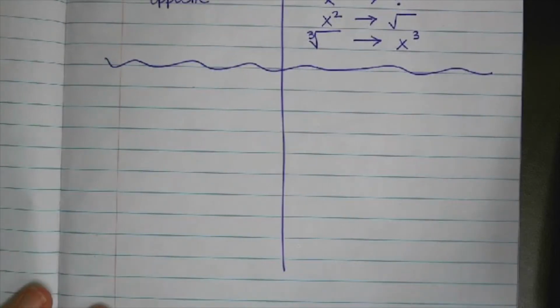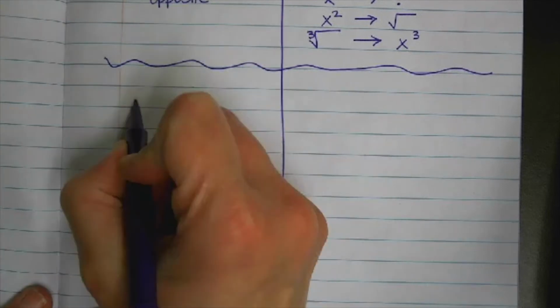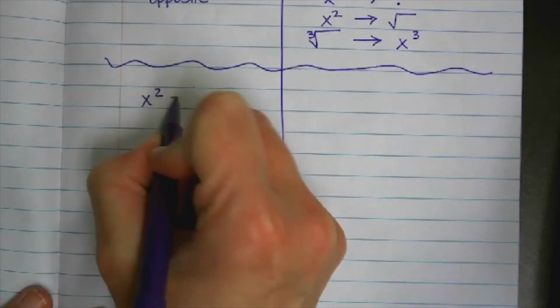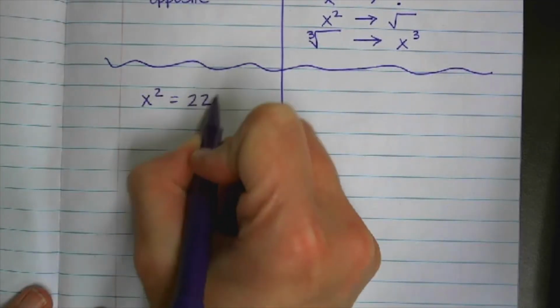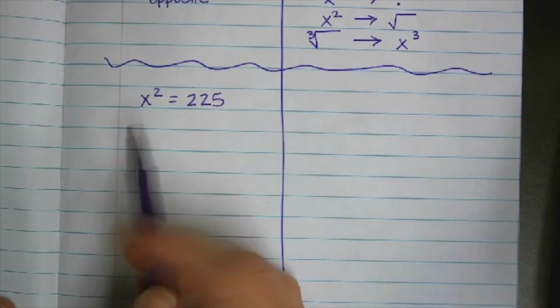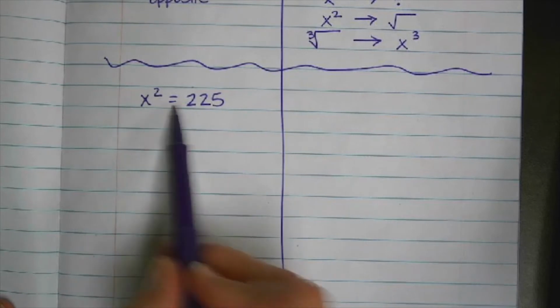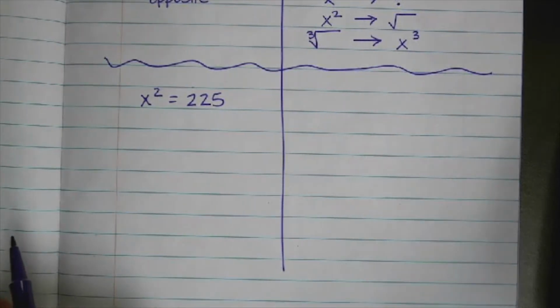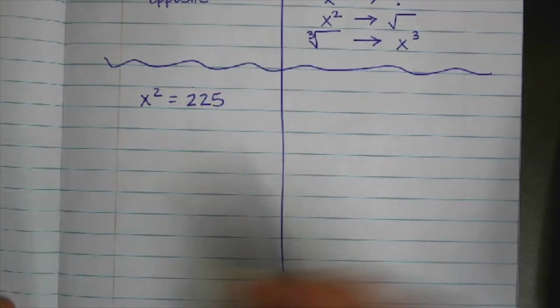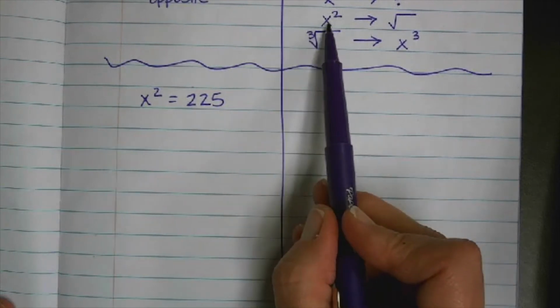So you can see the relationship there between these new operations that we're adding to our toolbox. Let's go through several examples here real quick, just so that we can highlight some special instances. First of all, if we have x squared equaling 225, what this means is that there is a number that if I square it, I'm going to get 225. So to find this, I'm going to use my inverse operation.